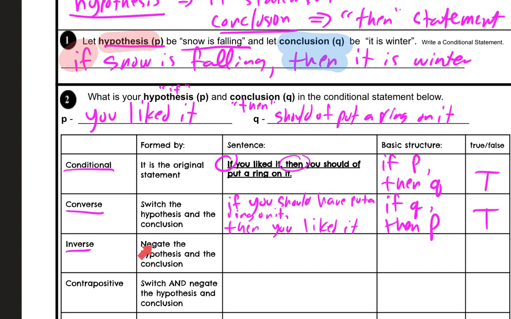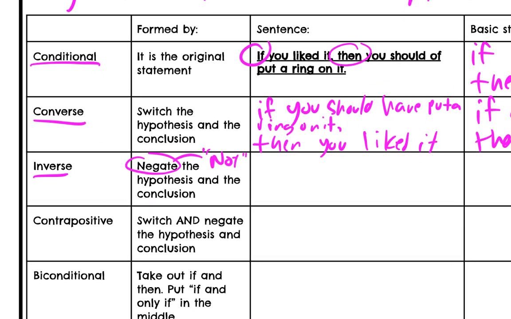All right, next, inverse. Inverse means negate the hypothesis and conclusion. So what does negate mean? Negate means not. So we put not in front of it. It means you don't do it, right? So negate, not the hypothesis and not the conclusion. So if you did not like it, then you should not have put a ring on it.